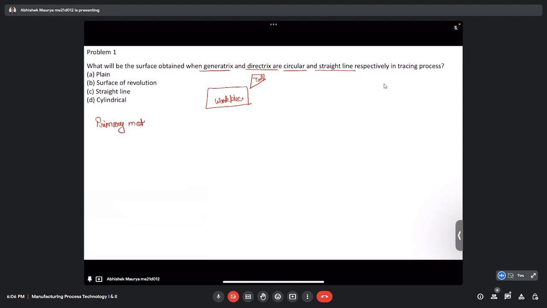The definition of primary motion is the relative motion between the tool and work which is responsible for the cutting action.